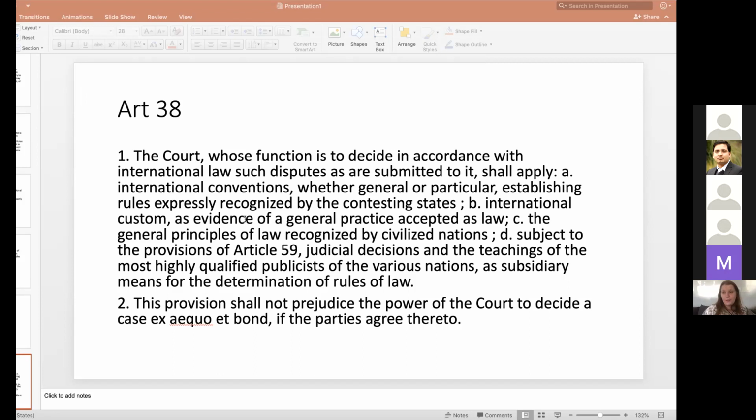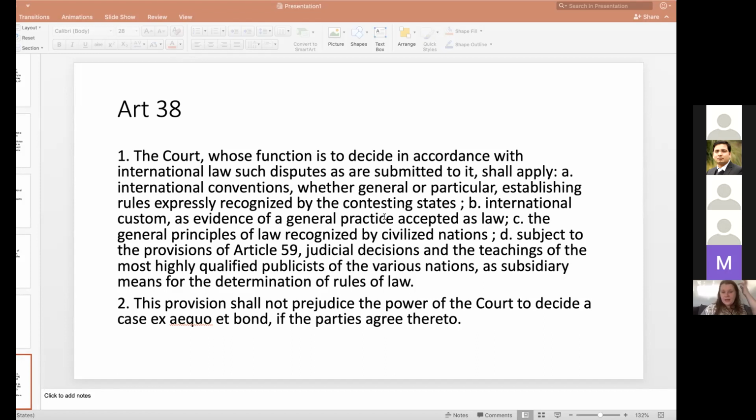We have also point 2 of Article 38, which states that this provision shall not prejudice the power of the court to decide a case ex aequo et bono, which is a case decided on the principle of justice and equity, if the parties agree thereto. Decisions of the court are binding on state members.